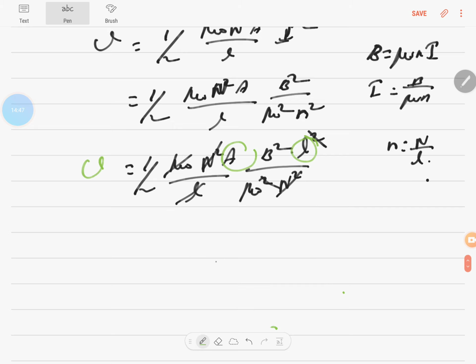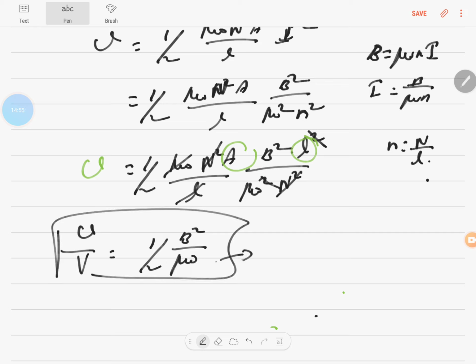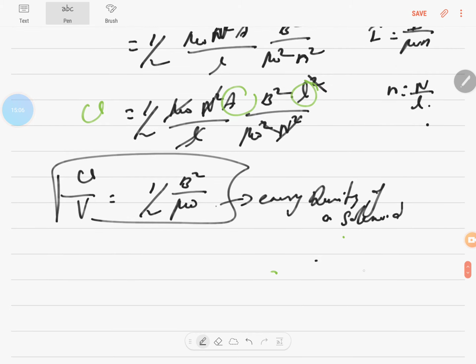And so the energy per unit volume, U by V, which is A into L, will be half into B square by mu naught. So thus you get the energy density of a solenoid, half B square by mu naught, whereas the energy density of a capacitor is half epsilon naught into capital E square.